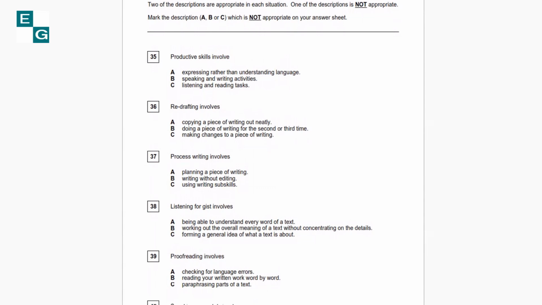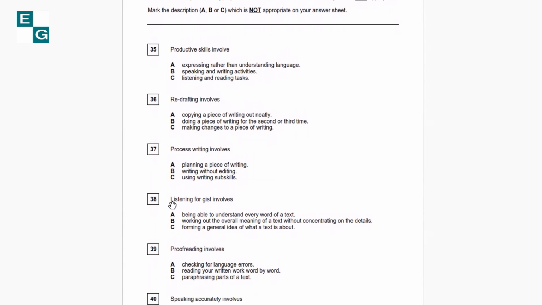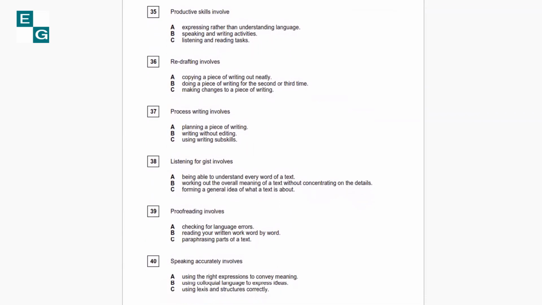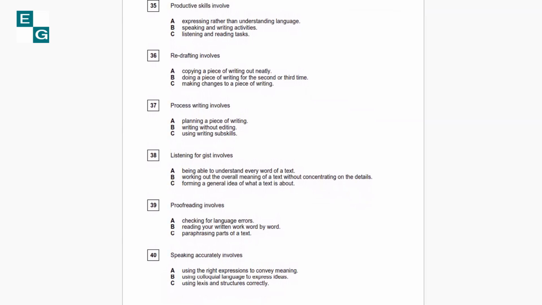Mark the description A, B, or C which is not appropriate on your answer sheet. Let's check it out. Productive skills involved. So we're going to say two things that are good about it and one thing that is not, and that is going to be our answer.